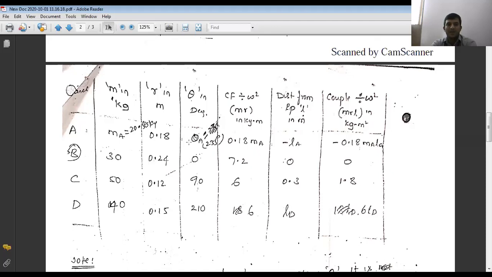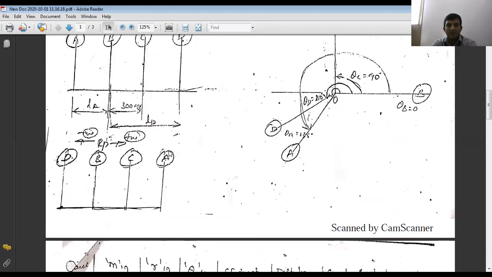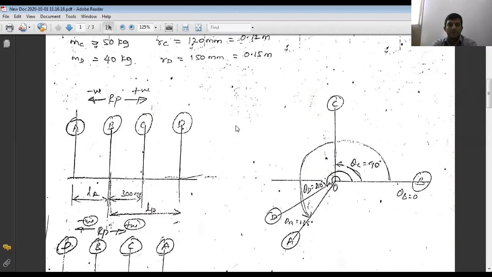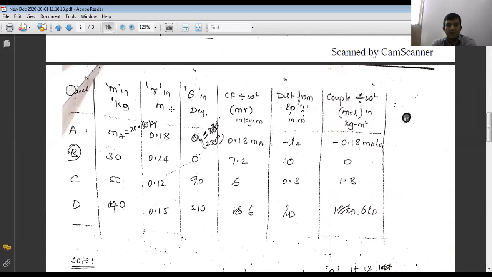Then fill this table. Now MA is unknown, MB is 30, MC is 50, MD is 40. Again, radius of rotation is given in millimeter. Convert into meter, or you can keep it in millimeter also, no problem, but better to convert into meter. So convert into meter, RA, RB, RC, RD is given.